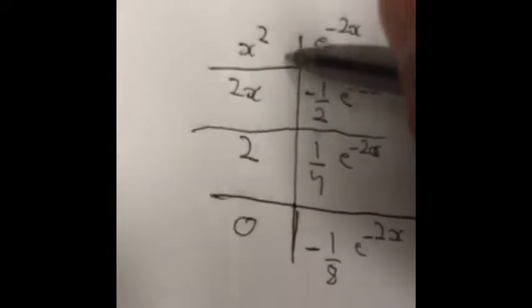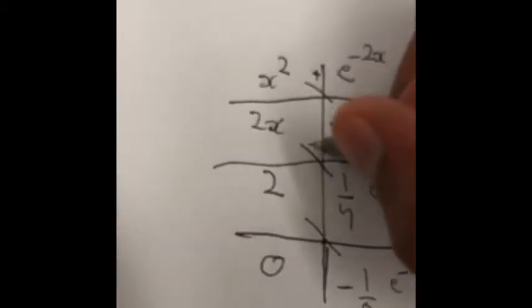Now we are going to multiply this by this, and this by this, and this by this, and add them together. But first, we use a positive here, a negative here, and a positive here.